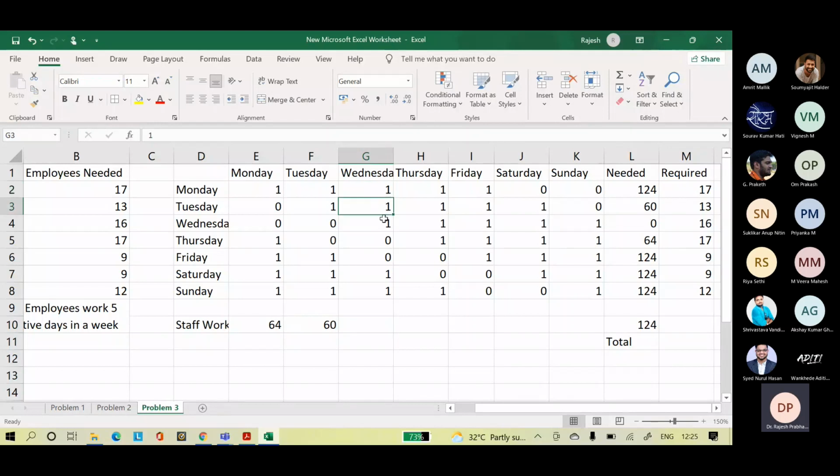So 17, 30, 46, 55, 67. 30, 46, 63, 75. Then 30, 46, 63, 72. Then 29, 46, 55, 64, 70, 64 only.